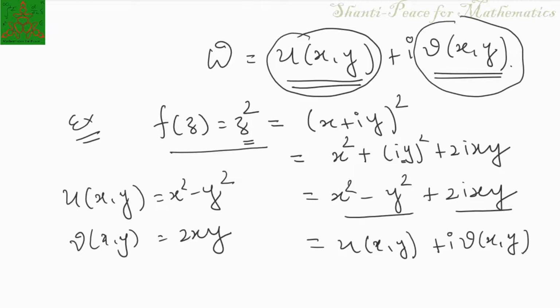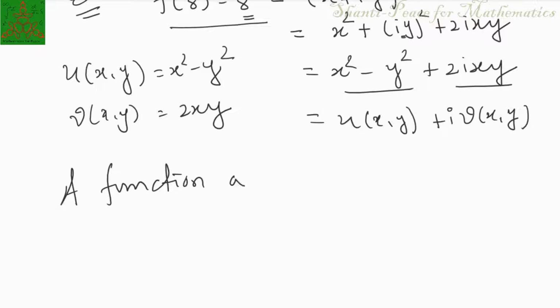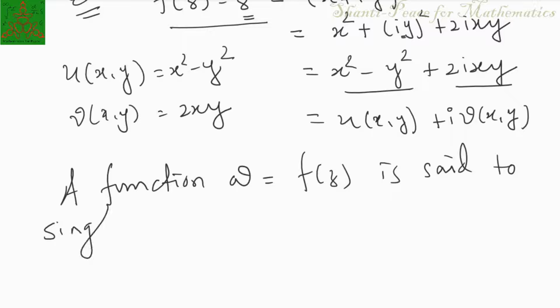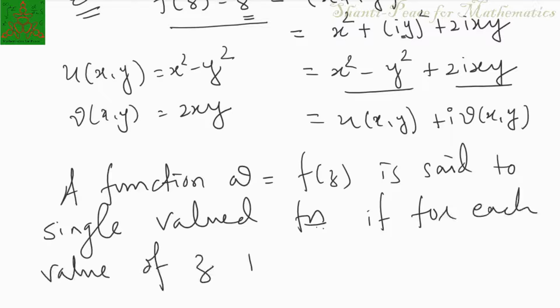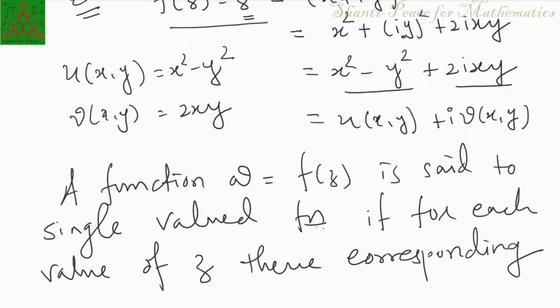Now one should note that a function w equal to f of z is said to be a single valued function if for each value of z there corresponds a unique value of w.